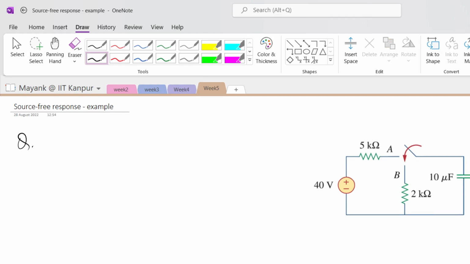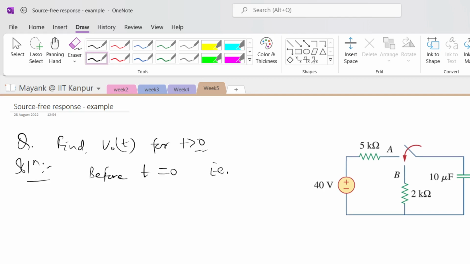The question was, find V naught of t for t greater than 0. So let's now try this question. Before t equal to 0, that is for t less than 0, what was the condition? The circuit was like this.